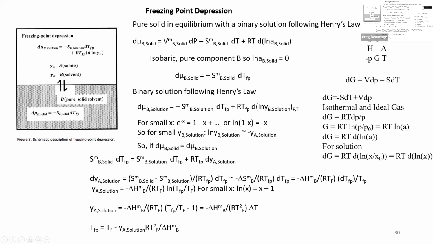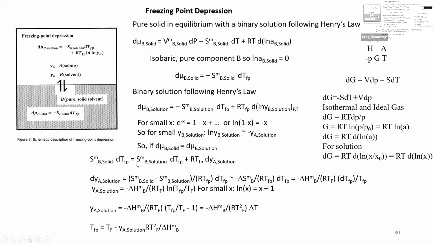So ln of y_B is ln of 1 minus y_A, 1 minus x. So you end up with minus y_A for that term. That was a concentration of the water in the thing, I guess. Should be the salt. Anyway, oh yeah, this should be the water concentration. You end up with the salt concentration here.